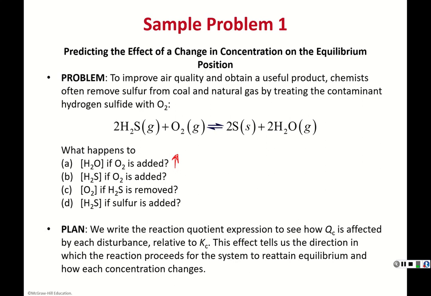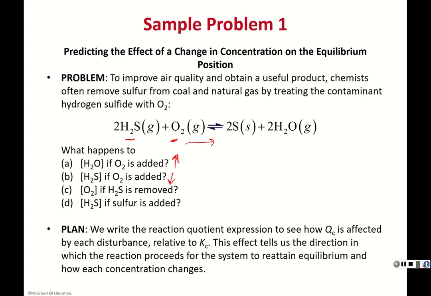Okay, what about the H2S concentration if O2 is added? Well, that's on the same side of the arrow, right? So if we add O2, that's going to try to push the reaction this way. Okay, so if it's pushing in that direction, we're going to use up more H2S, so the concentration of H2S will actually go down when O2 is added.